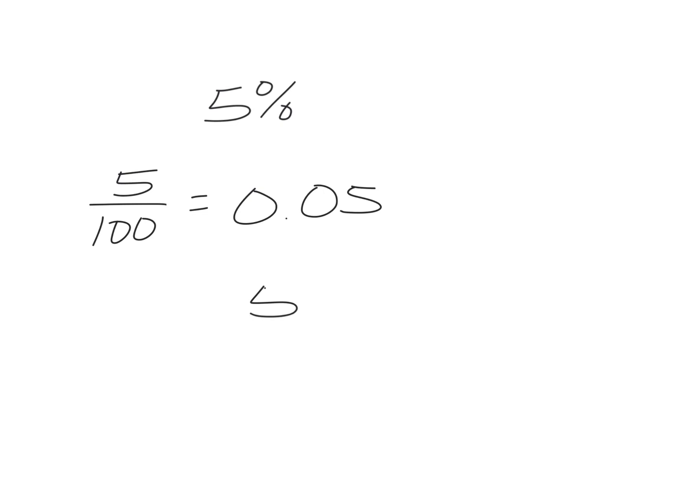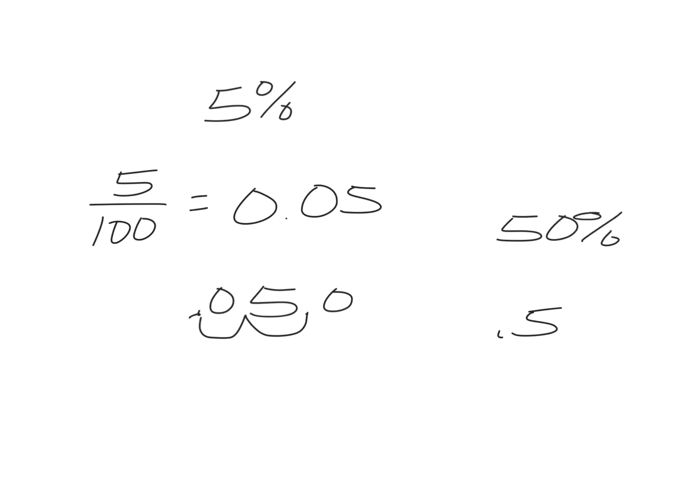Okay? So take 5 and then you move your decimal 2 places. It is not 0.5. If it was 0.5, that would be 50%. So you need to be careful when you have a single value. There's a couple of those on your worksheet.